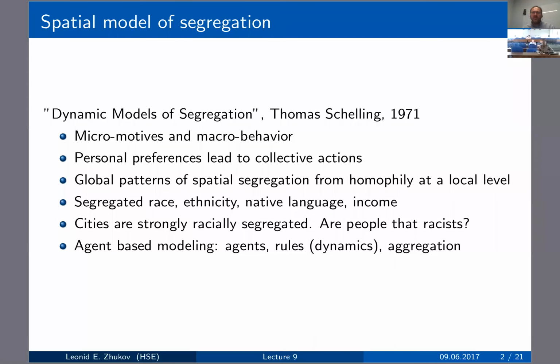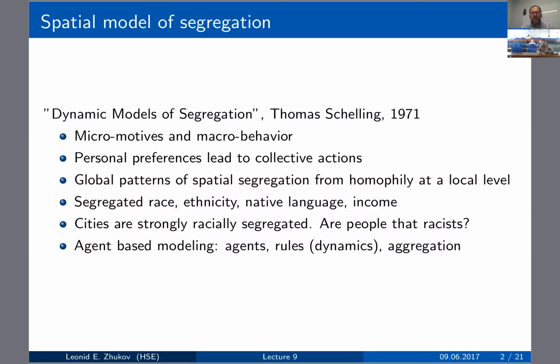And the idea of this work is the following. Each of us has some particular personal preferences, but the way we locally interact can create global collective actions, which are not just the sum of our local interactions in some sense, right? So our personal preferences can lead to a very interesting behavior in the society as a whole.